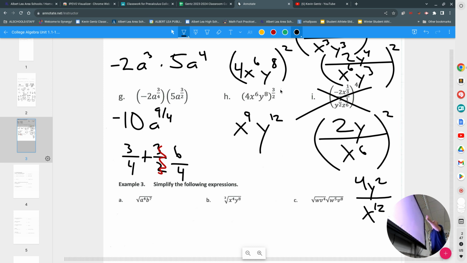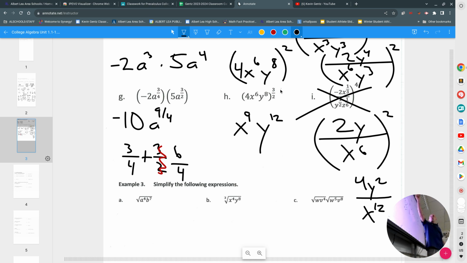And the reason why is if you have a fractional exponent like that, you take this and you drop it out front. That's what square root means. So if you had 8 to the 5/3 power, that would mean 8 to the 5th, and then you take the cubed root of that. That's what it means. You take this and you drop it out front in a radical.